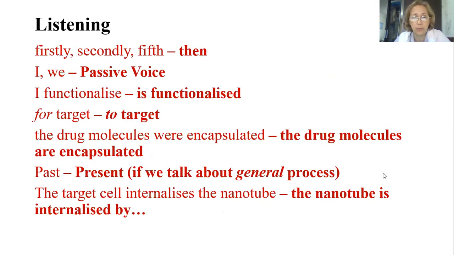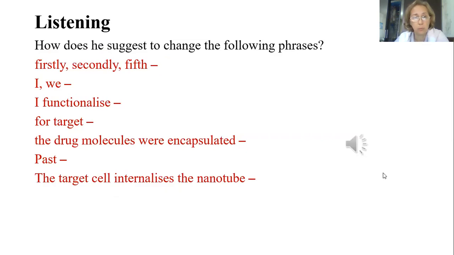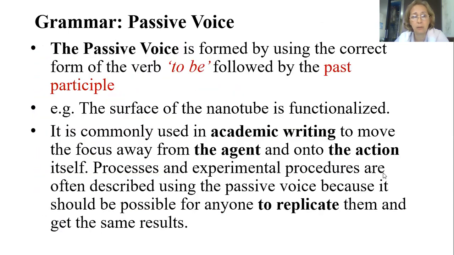Like in the previous example, functionalized: this is the verb to be, and functionalized is a regular verb, so the ending -ed is added. If it is an irregular verb, for example, something is done, or will be done, or was done, or the letters were written. So the form of the passive voice is well familiar to us.